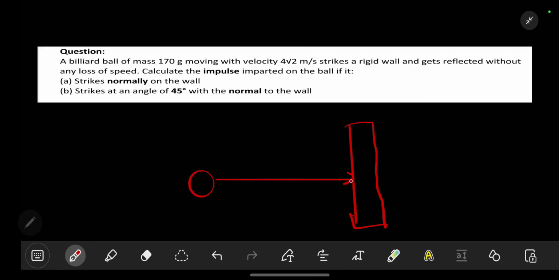If something is thrown at a 90 degrees angle, whatever it strikes, it will go back along the same exact path. That is the meaning of throwing something normally. So therefore, this is totally in the x-axis.